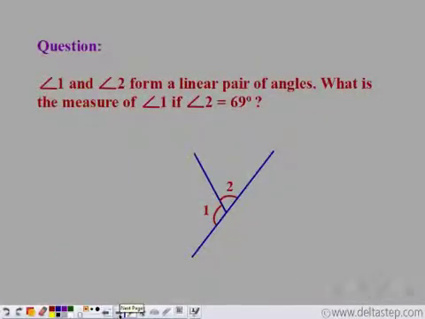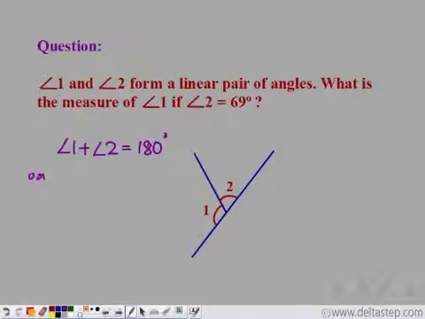Now, can you answer this question? Angle 1 and 2 form a linear pair of angles. What is the measure of angle 1 if angle 2 is equal to 69 degrees? Well, we know that the sum of a linear pair of angles is equal to 180 degrees. Since it is given that 1 and 2 form a linear pair, angle 1 plus angle 2 will be equal to 180 degrees.